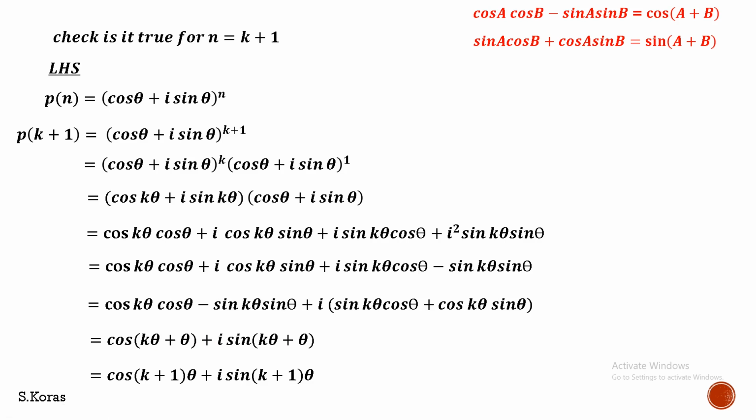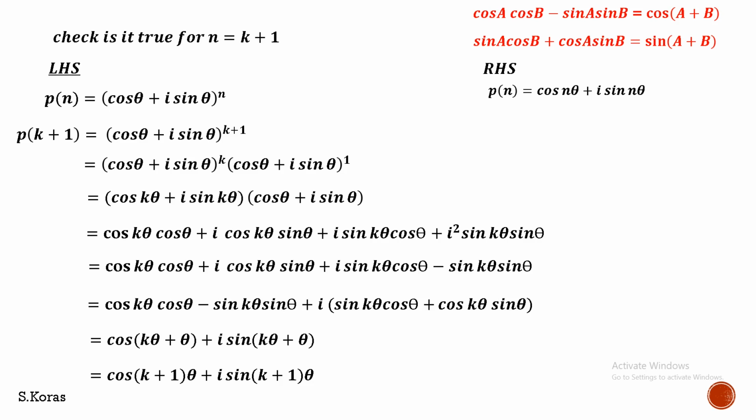Now we have to check whether we are getting the same answer on the right hand side. As I told you, our left part is P of n is equal to (cos theta plus i sin theta) the whole power n. Our right side is P of n is equal to cos n theta plus i sin n theta.